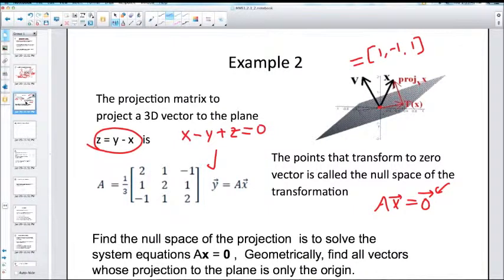So that's the problem. To solve this system, really I want to find the vector whose projection image is only the origin. Now you can guess what kind of vector has this property.